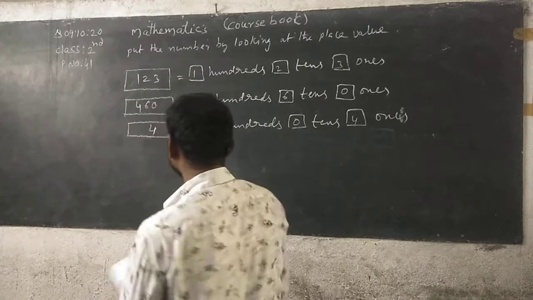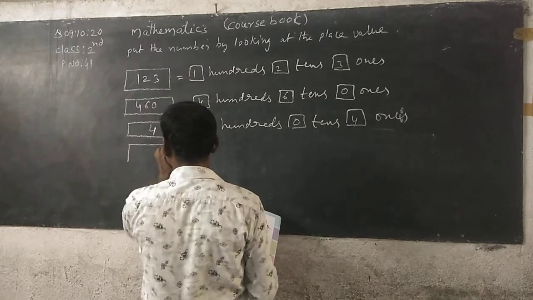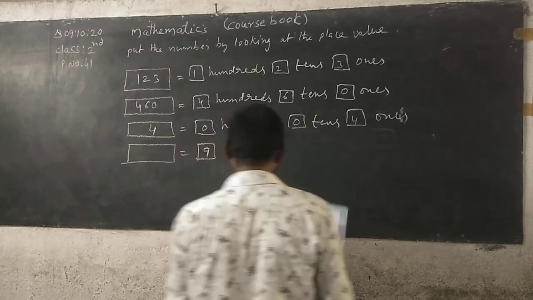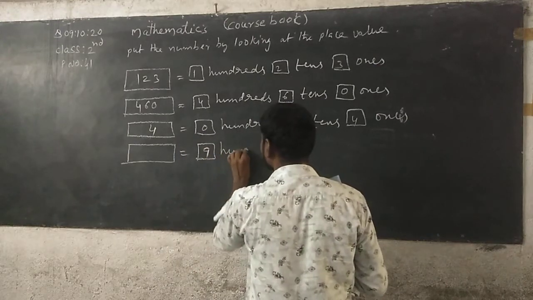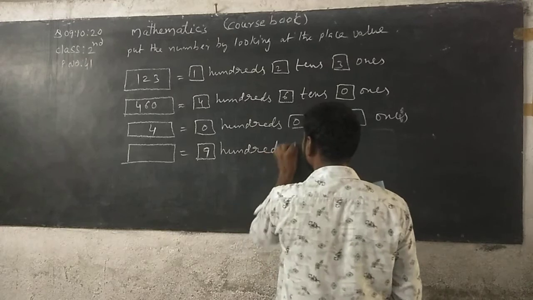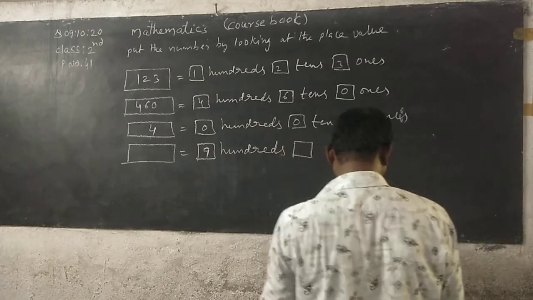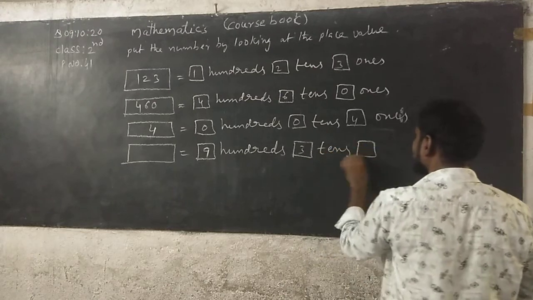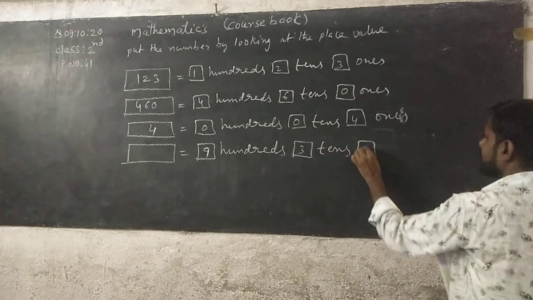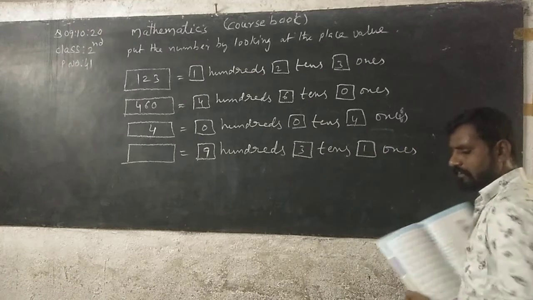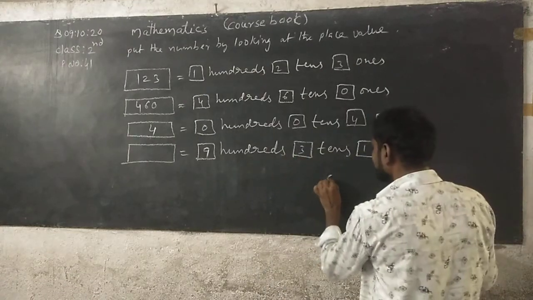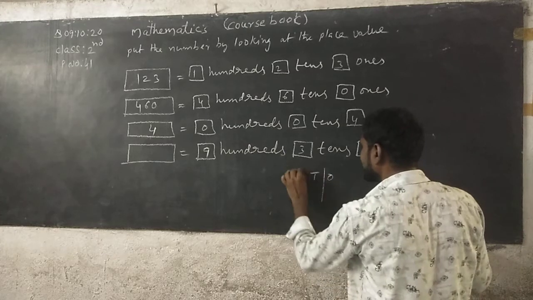Next, 9 hundreds, 3 tens, 1 ones. According to our place value chart, first you can write rough work: ones, tens, hundreds.